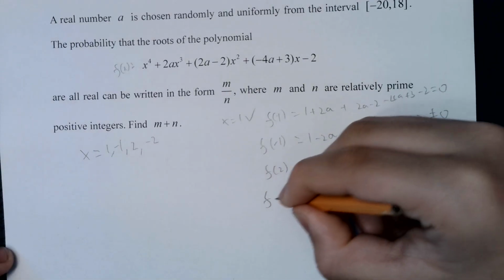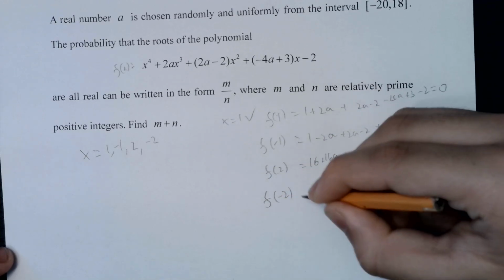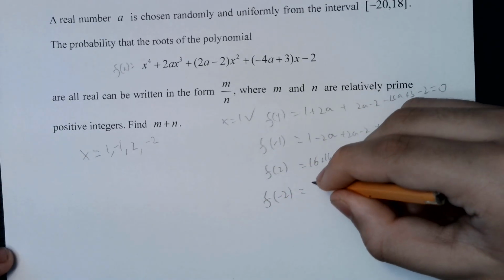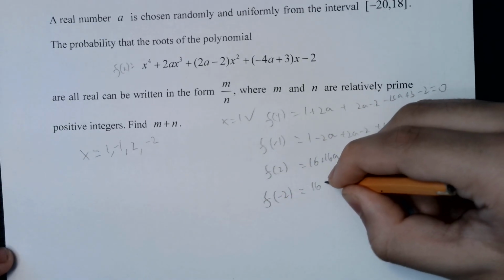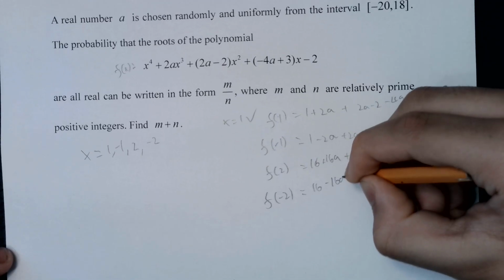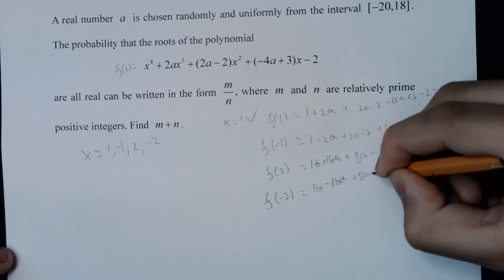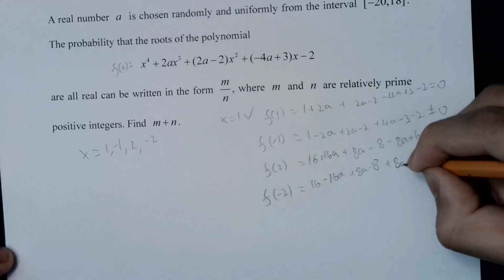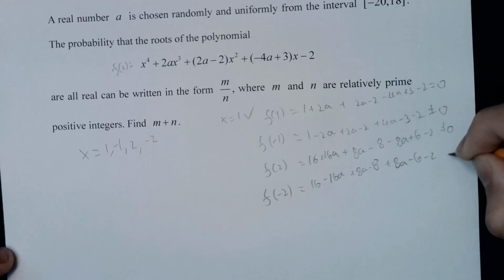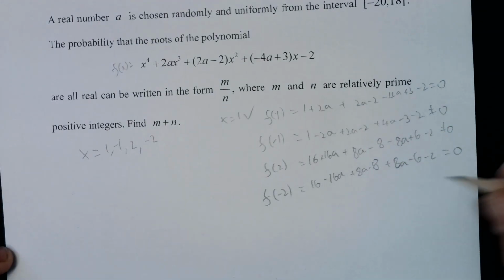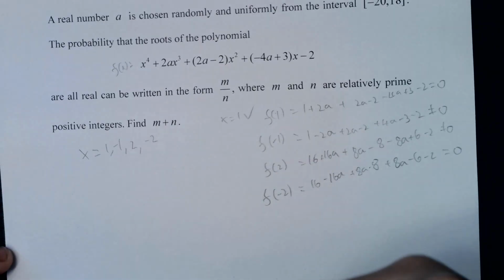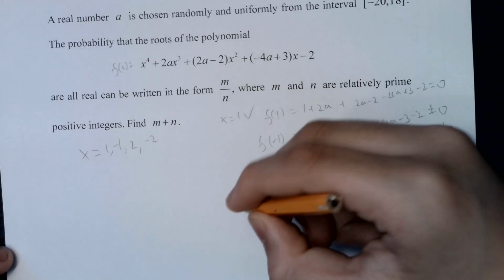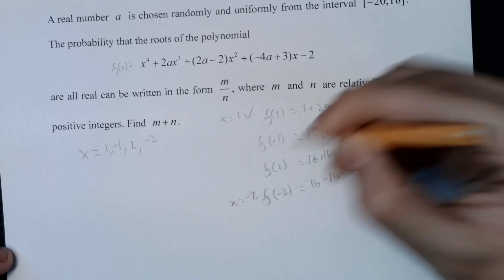Now the final one, f(-2), we plug this in, and we can see that this number is going to be equal to 0. So this means that out of these 4 possible roots, the only 2 that actually worked were x equals 1 and x equals -2.